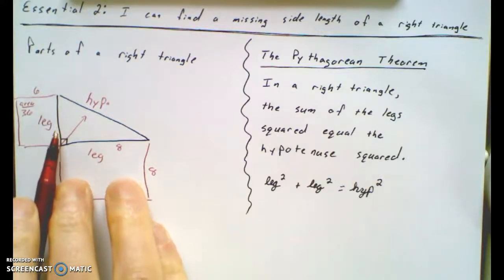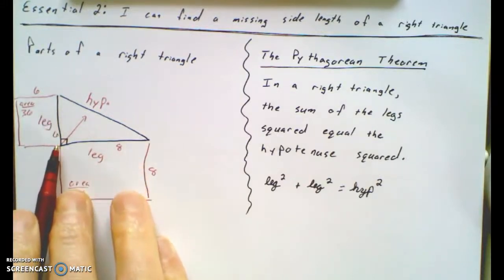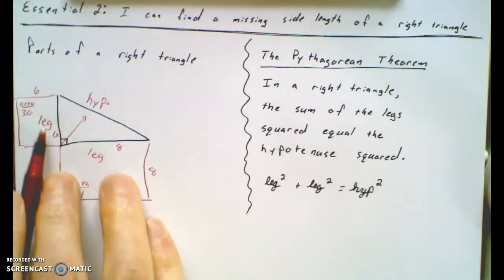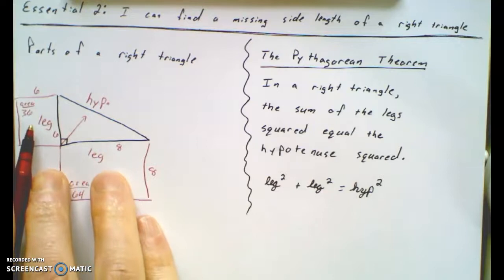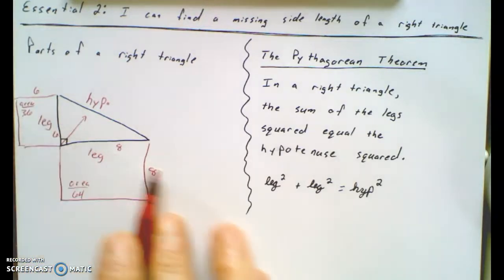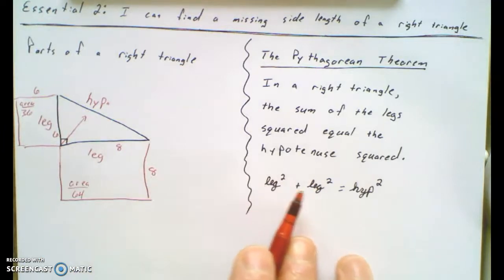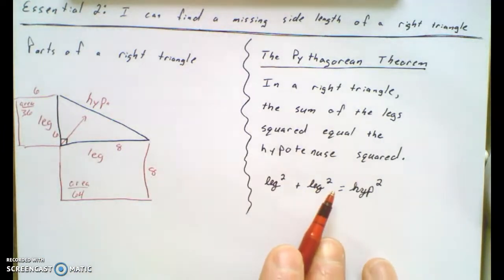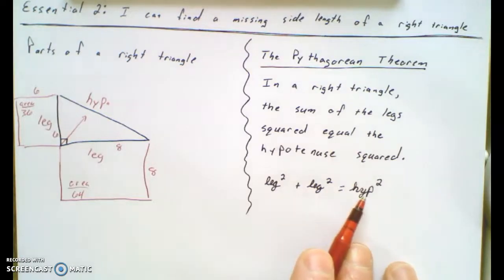So when it talks about the leg squared, all it's literally telling us to do is take whatever the number of this leg is and multiply it by itself, or square it, and get this number. And what we know is if I take these two numbers and add them together, it's going to be equal to the hypotenuse squared.